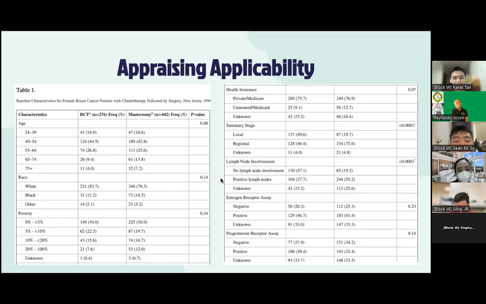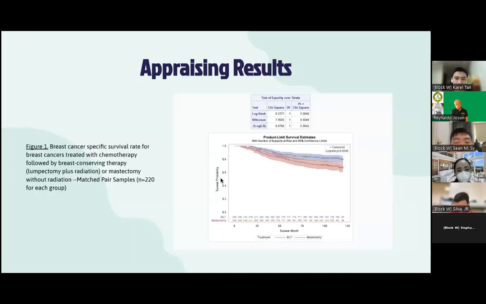Next slide, please. So now moving on to appraising results. So this is a survival rate curve. I believe it's called the Kaplan-Meier curve or something like that. I forgot the exact name. Yeah, Kaplan-Meier survival curve featuring breast cancer specific survival rate for breast cancer patients treated with chemotherapy followed by breast conservation therapy versus mastectomy.